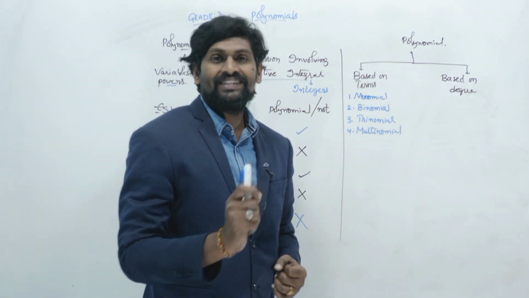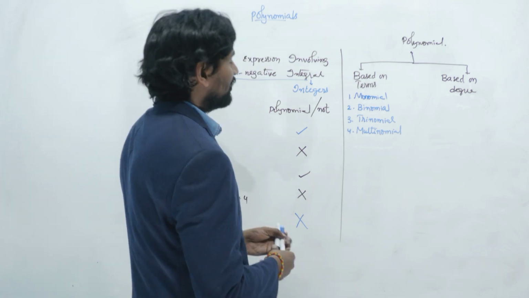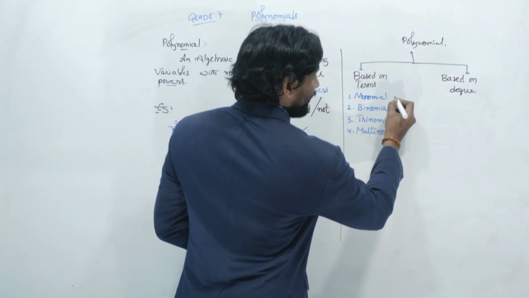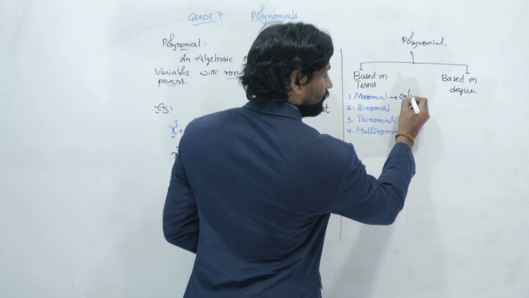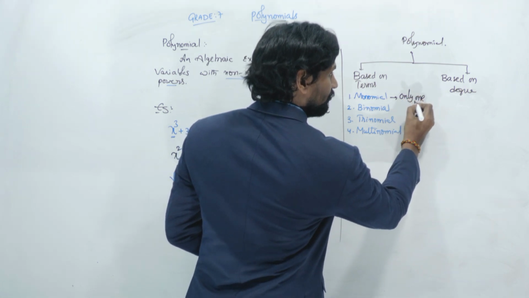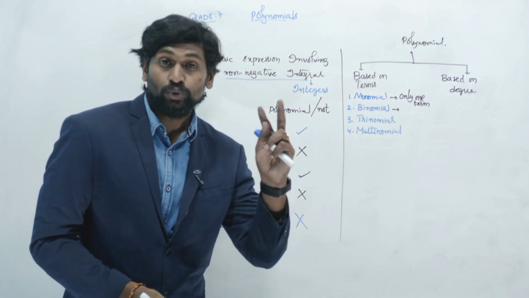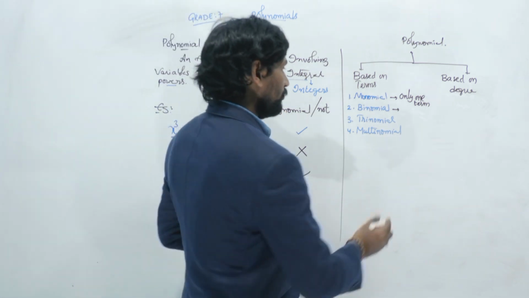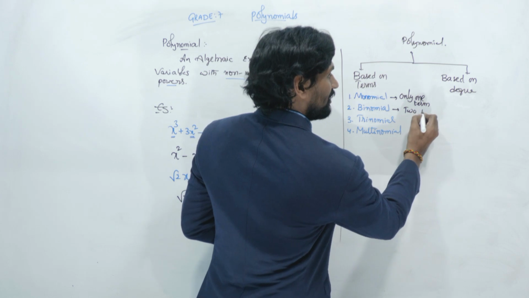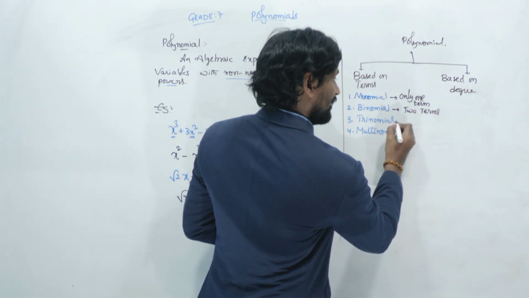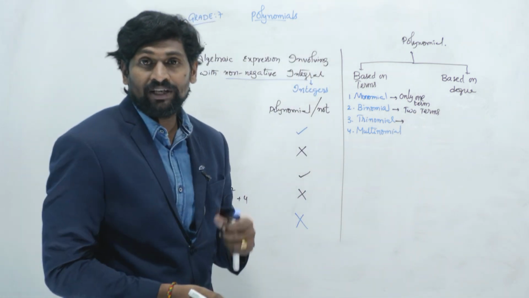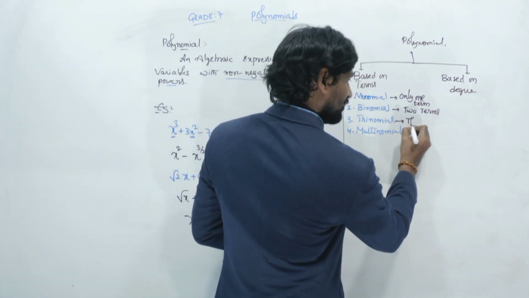Mono means single. A monomial is nothing but a polynomial containing only one term. A polynomial containing exactly two terms is called a binomial. And a trinomial is a polynomial containing exactly three terms.